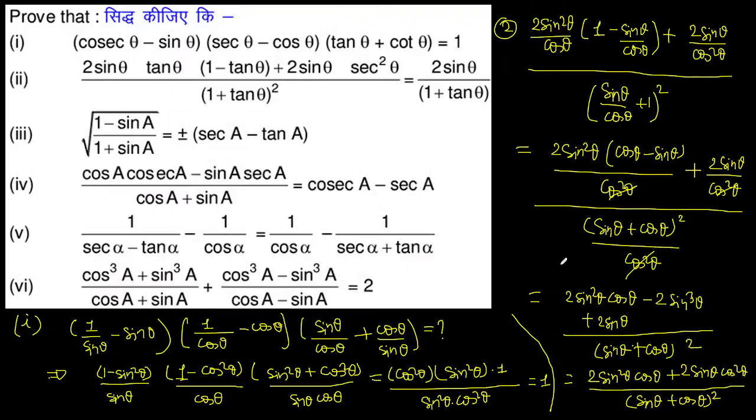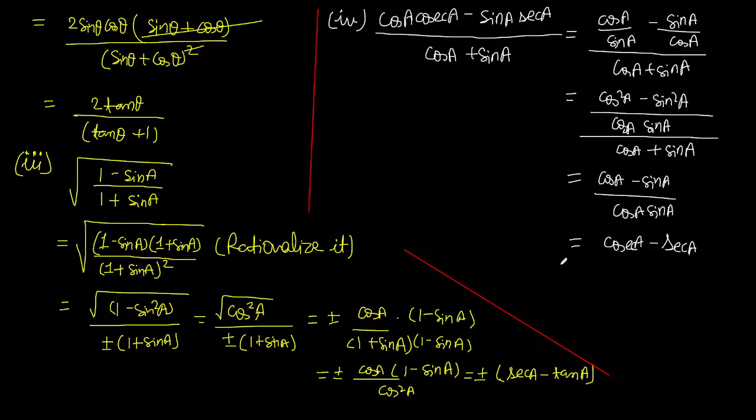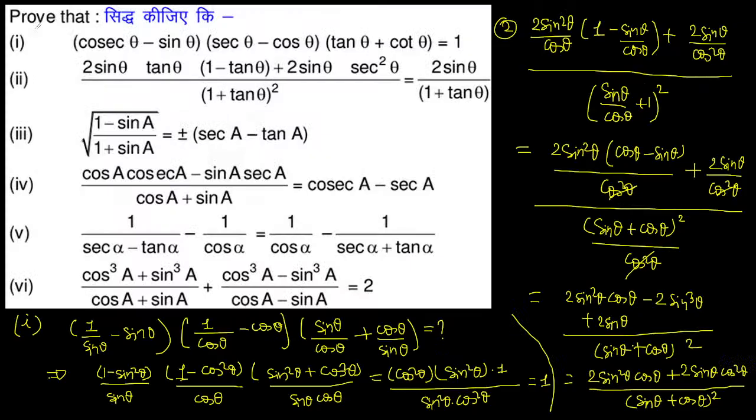We got the answer. We are going with the fifth one. Fifth one is very easy. This is the revision of your class 10. This is 1 upon sec alpha minus tan alpha minus 1 by cos alpha.